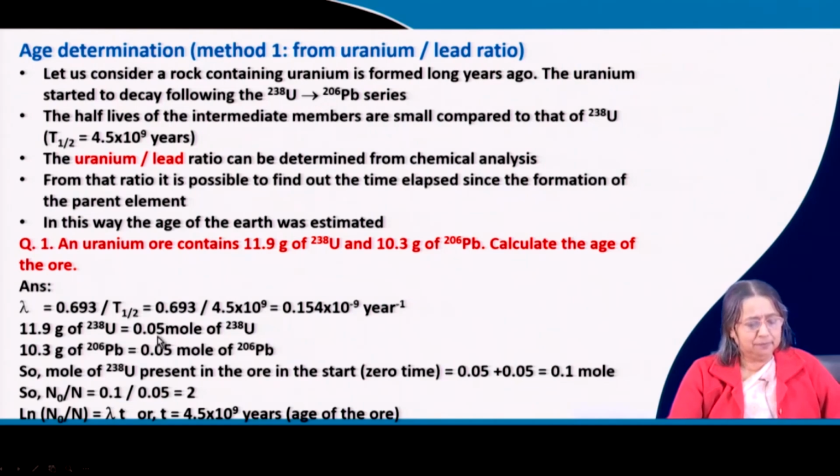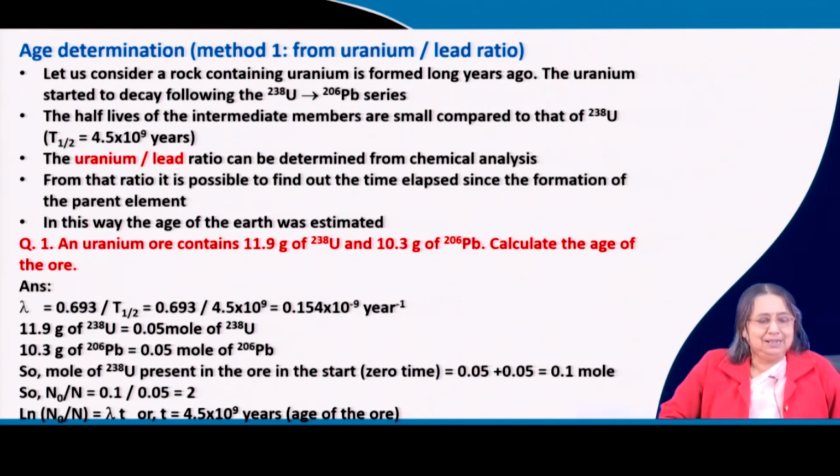So 0.05 plus 0.05, n 0 is 0.1, and n is 0.05, so the ratio is 2. After putting in all the values you get 4.5 × 10^9 years, the age of the ore. The concept and application are very good, and the calculation is very simple.